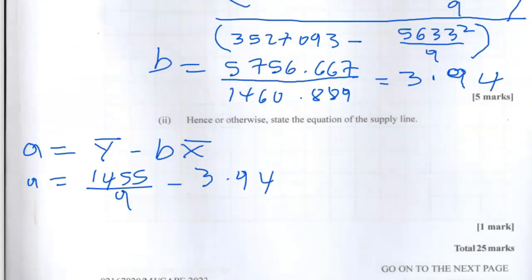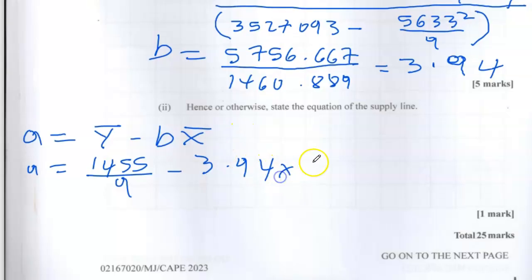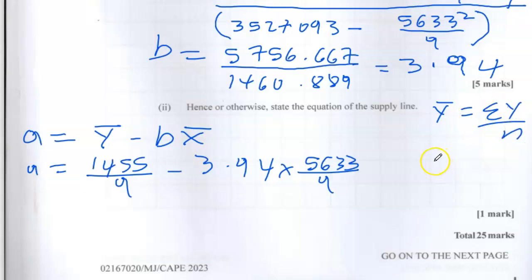Just a reminder, y bar is the sum of the y values over n, and x bar is the sum of the x values over n.